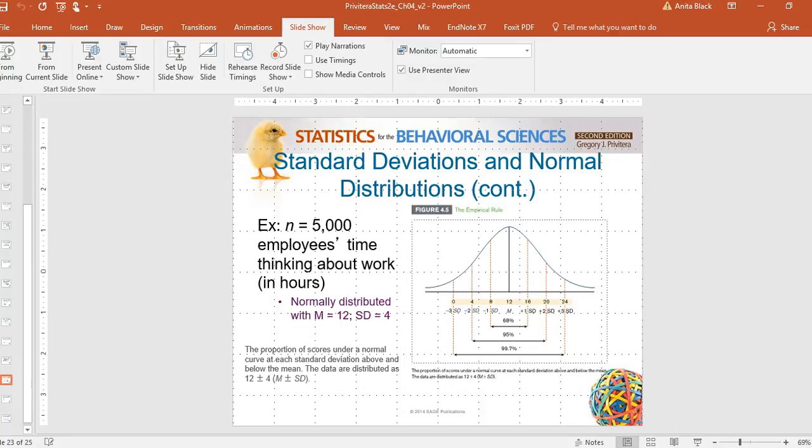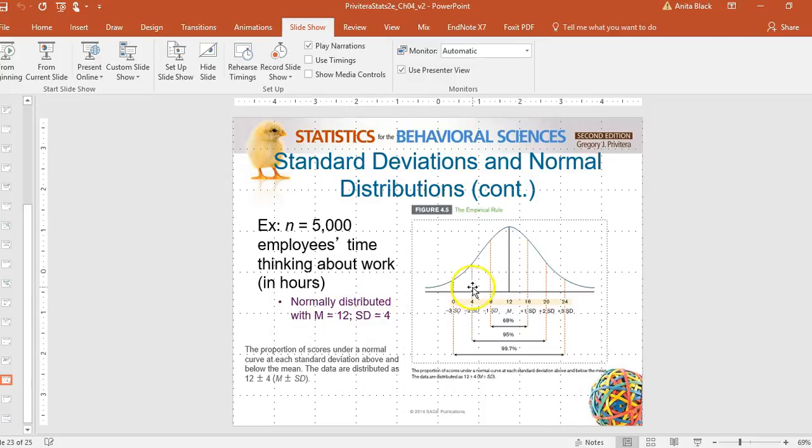I want to give you another example of the standard deviations around a normal distribution. Here, we're looking at a very high number in our sample. We have 5,000 employees. In this example we're looking at the time those employees think about work, in hours.